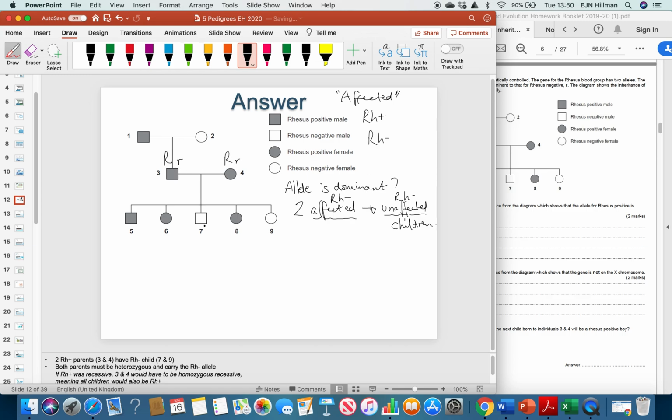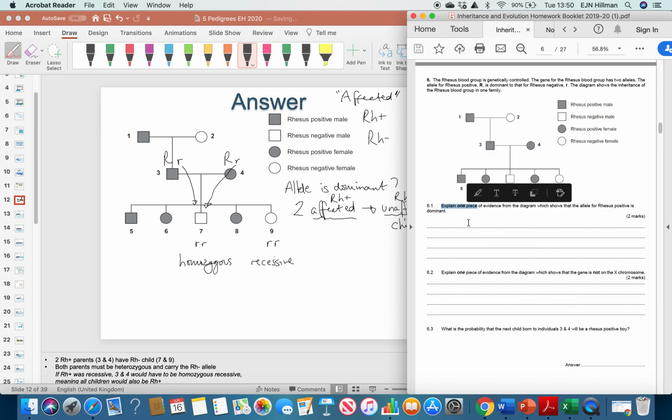And that means for 7 and 9, they have both inherited 2 recessive alleles. So the genotype for 7 must be homozygous recessive, and the genotype for 9 must be homozygous recessive. Okay, back to this question then.